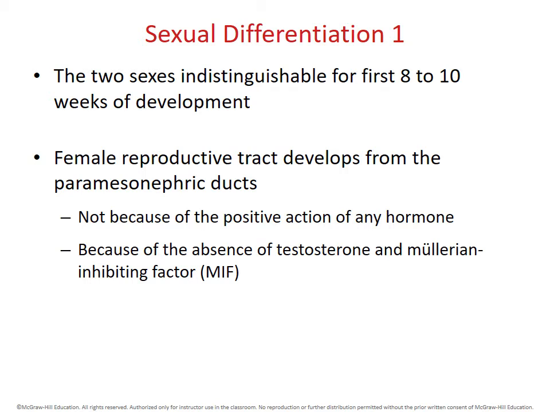In the female reproductive system, in the absence of those male androgens, the female will continue down the default developmental pathway of becoming a female. So we don't have any specific hormones that trigger female development. It is the default state. It's the absence of things like testosterone and another hormone called Mullerian inhibiting factor that cause the female to stay on the female developmental track.